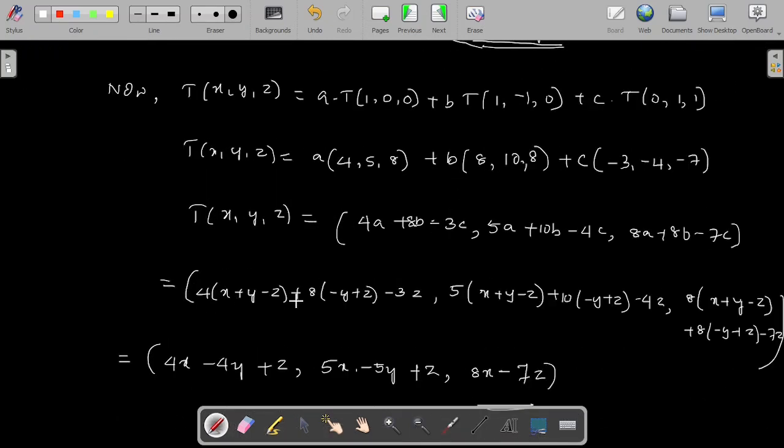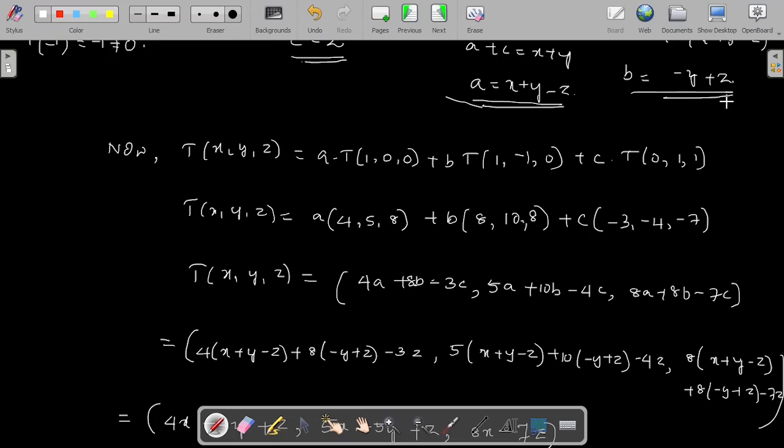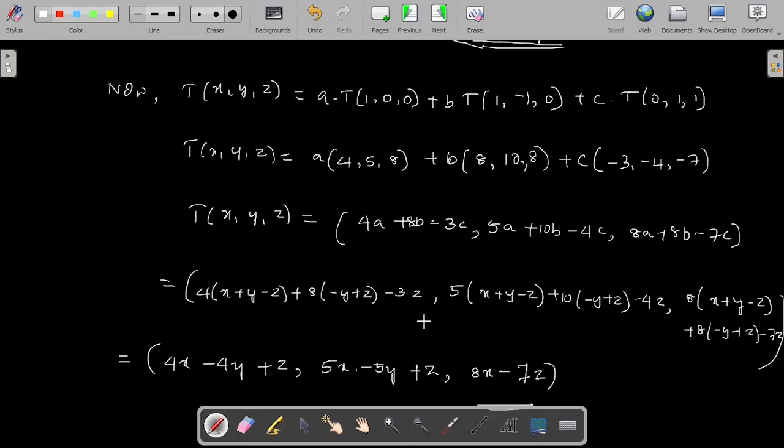Substitute the values of a, b, c respectively. a is x plus y minus z, b is minus y plus z, c is z. Substitute here one by one, then simplify like this. 4x as it is there, because there is no other x term. 4y minus 8y, that gives minus 4y. Then minus 4z minus 3z minus 4z plus 8z, that gives you 4z. 4z minus 3z gives you z.